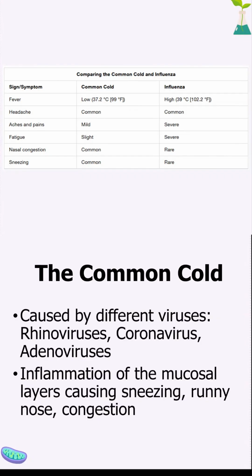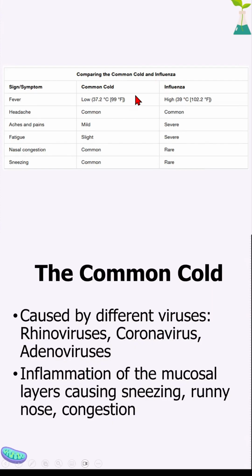They're going to get in through your nose or your mouth, and they're typically going to infect the mucosal layer of your respiratory system, and that is going to give you your classic sneezing, runny nose, congestion types of symptoms. So here in this diagram, we have the symptoms that you would typically get from the common cold versus influenza. And influenza, by the way, is the flu.